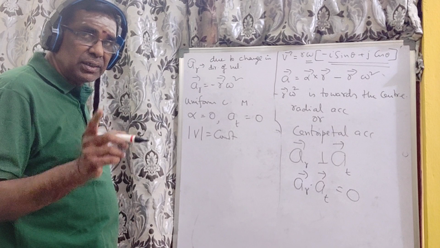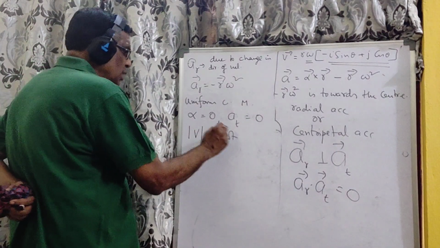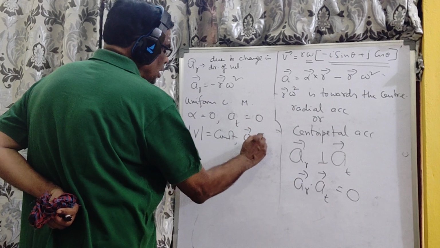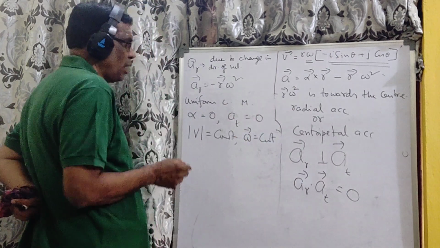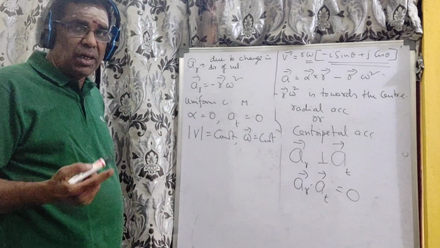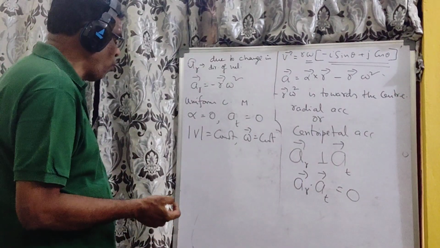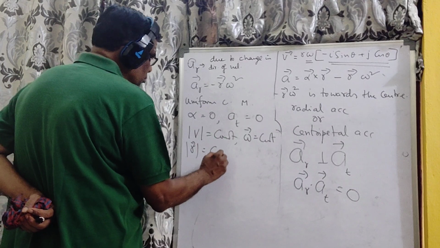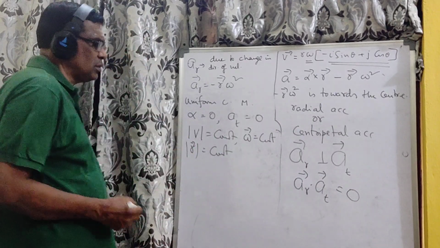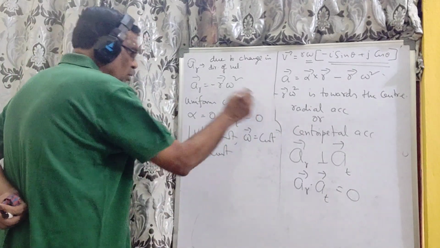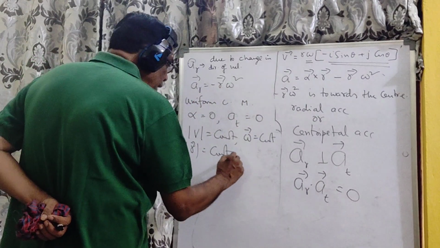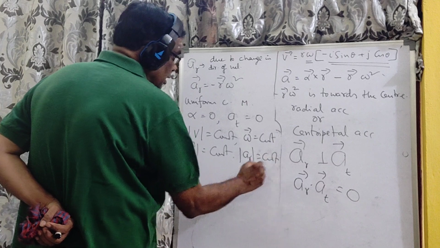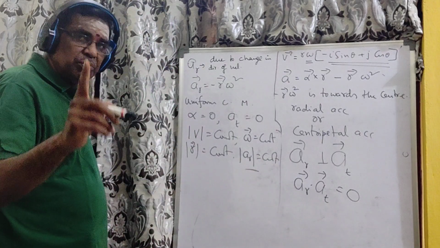Don't say velocity is constant. Mod V is constant and omega bar is constant. Uniform circular motion means mod R is constant, mod V constant, alpha 0, AT 0. And mod AR is constant, but AR is present.